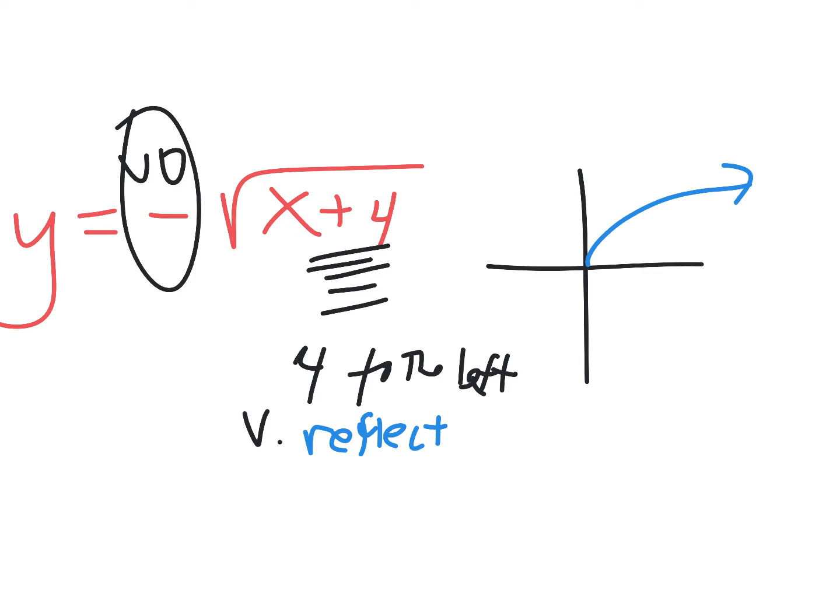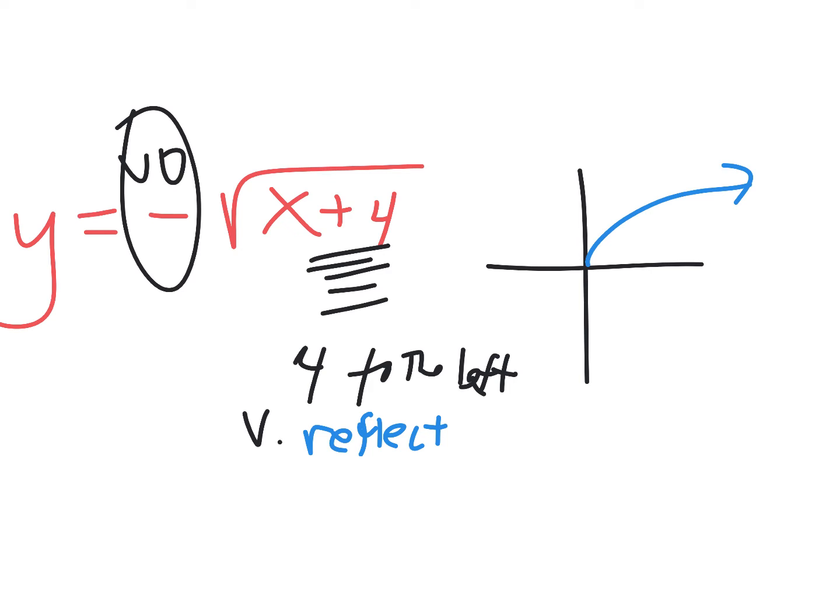Maybe I'm wrong. Okay, it goes 4 to the left, and then it gets vertically reflected. So look at your graph and see, did you go 4 to the left and then flip it vertically? That's what I'm looking for. You didn't go 4 to the left.